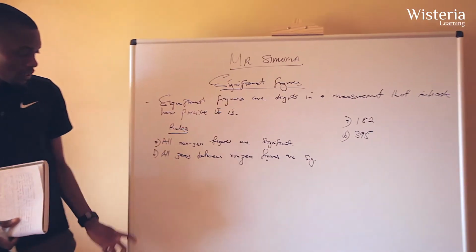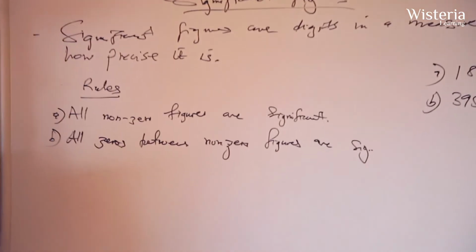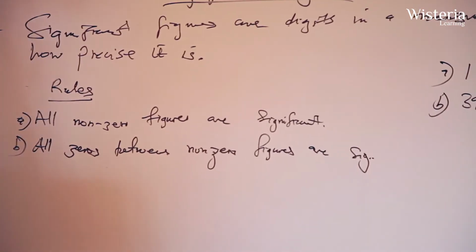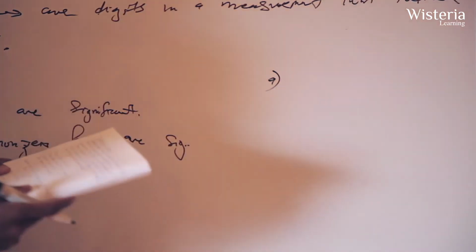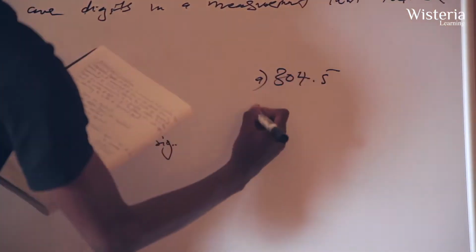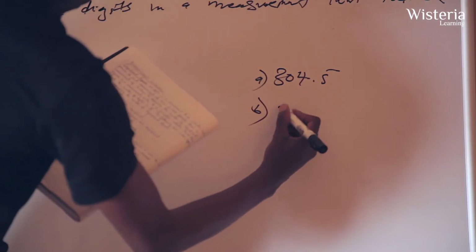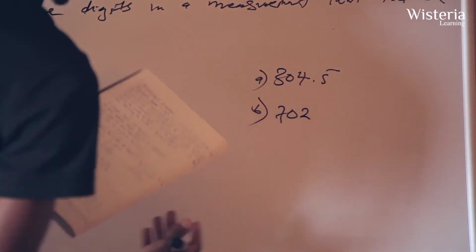Okay, so the second rule says all zeros in between non-zero figures are significant. Well, what example can we give? We have values that will state the examples, and our next value is 702.